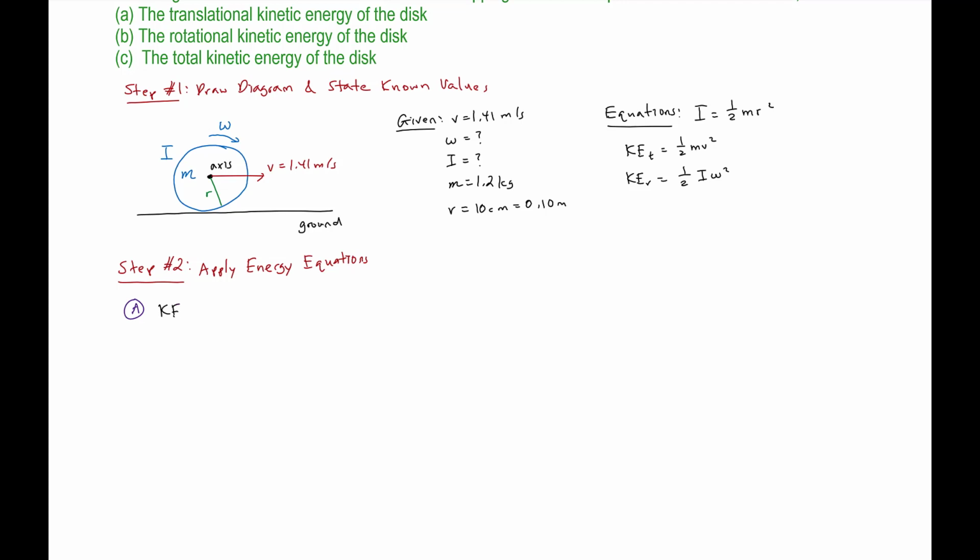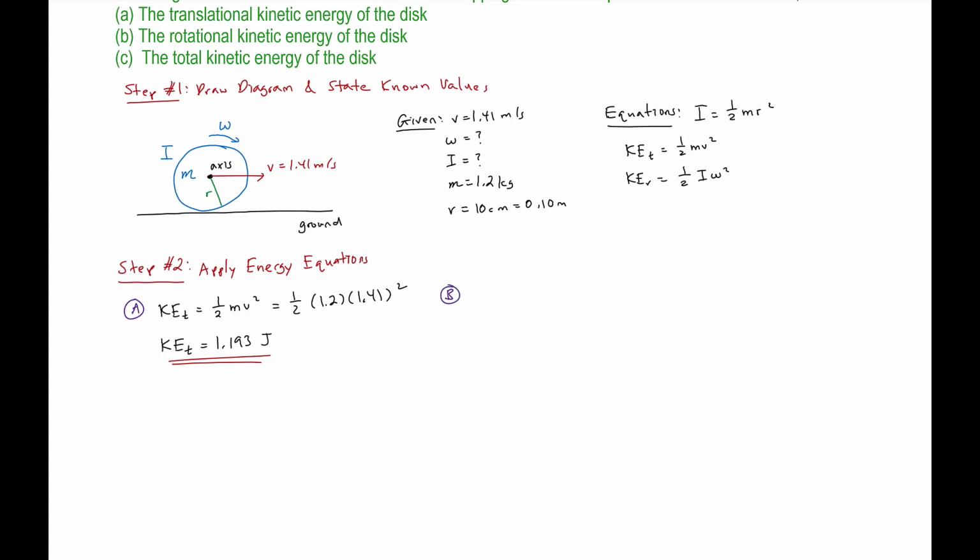So KE_T is equal to 1/2 mv squared. We already have m, we already have v, so we can simply plug in our values. v is 1.41 squared, so therefore KE_T is equal to 1.193 joules. We've answered the first part of the question. Now we want to move on to part B.